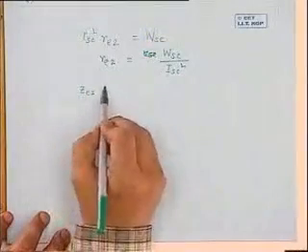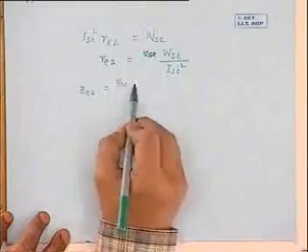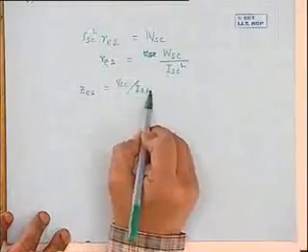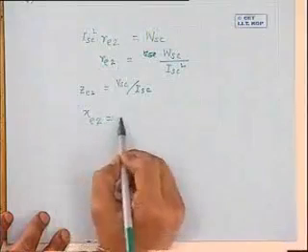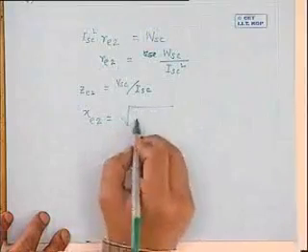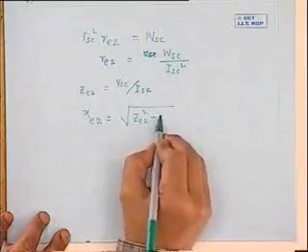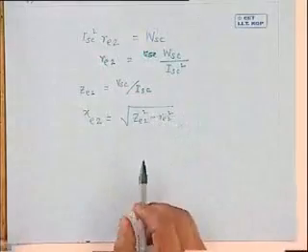And since it is a series circuit like this, ZE2 can be calculated as VSC divided by ISC, and then XE2 can be separated out as equal to the square root of ZE2 squared minus RE2 squared.